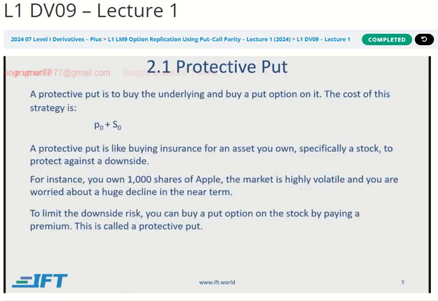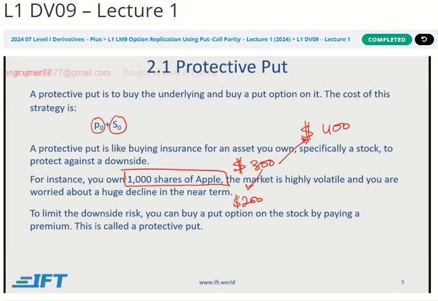So what is a protective put? A protective put is buying a stock or an asset and just protecting yourself with a put option. So let's say you own 1000 shares of Apple and you bought them at $300 per share, and you think that Apple shares might go up to 400, so you're holding them, you don't want to sell them because you think they're going to go up, but at the same time you're worried that they might come down to $200.